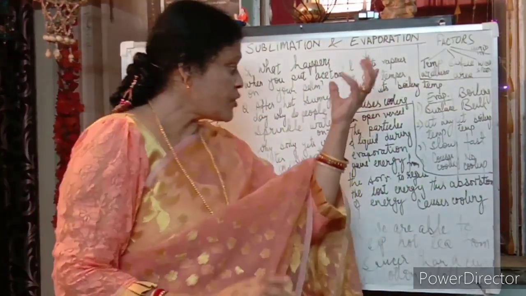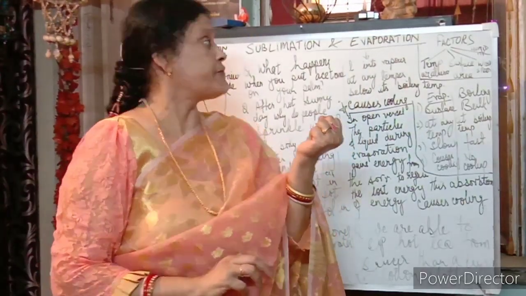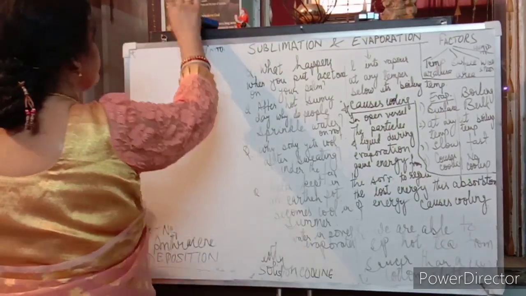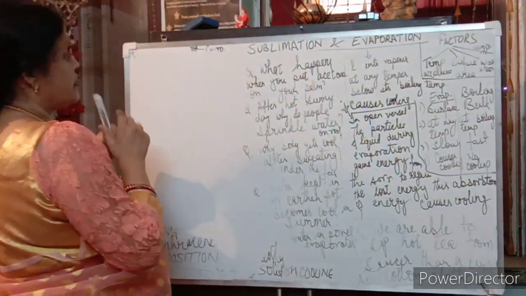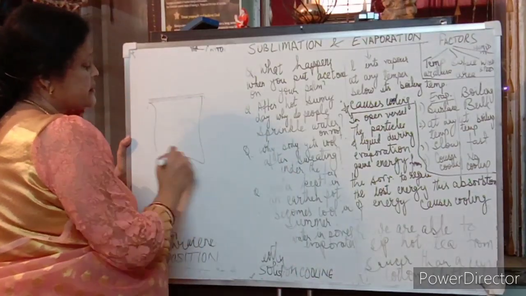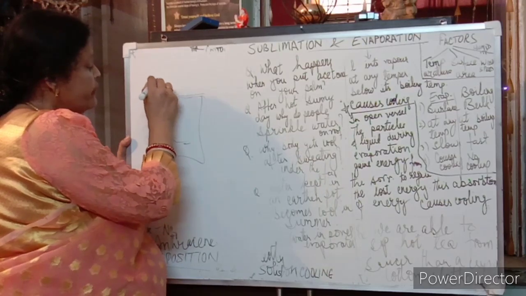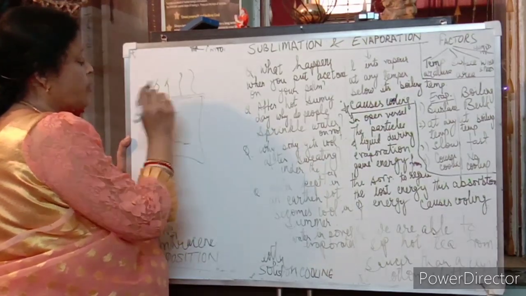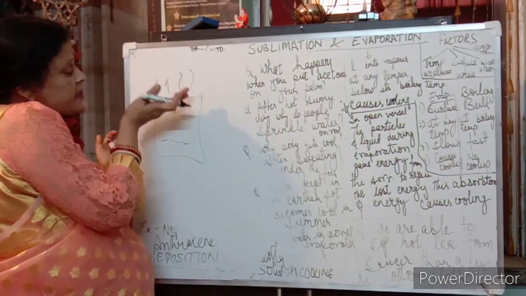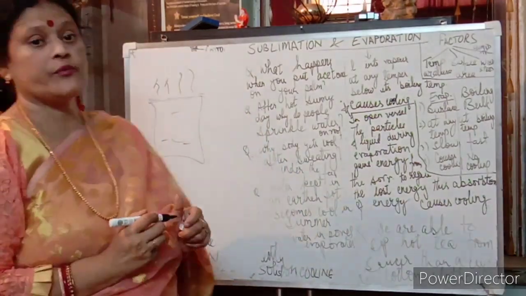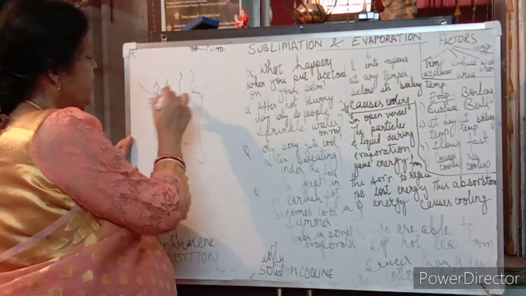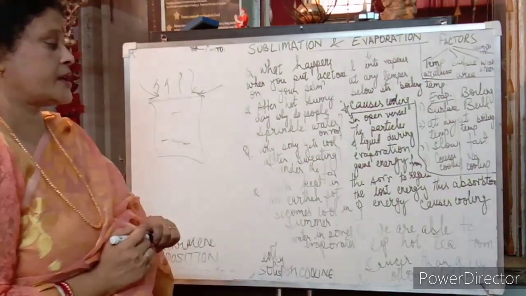What happens? Suppose, in evaporation, if I show it like this, wait. Suppose this is the surface phenomenon. This is the surface. Now, when the evaporation is going on, this is the space where evaporation goes on. In that space, it will gain energy from the surrounding.